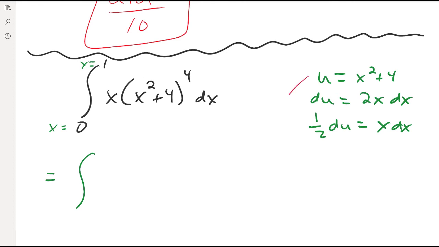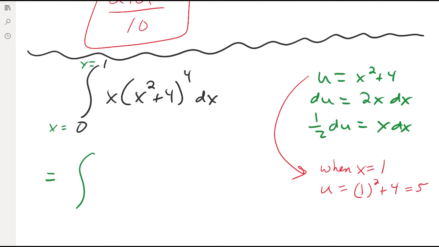Well, how do we do that? Well, we know that u is x squared plus 4. So when x is equal to 1, plug that x value into your u equation. That means that u is 1 squared plus 4, which ends up being 5.